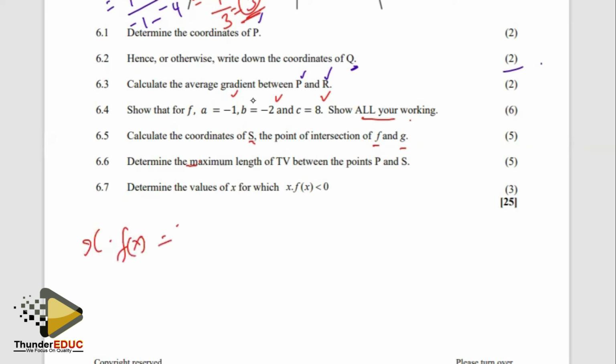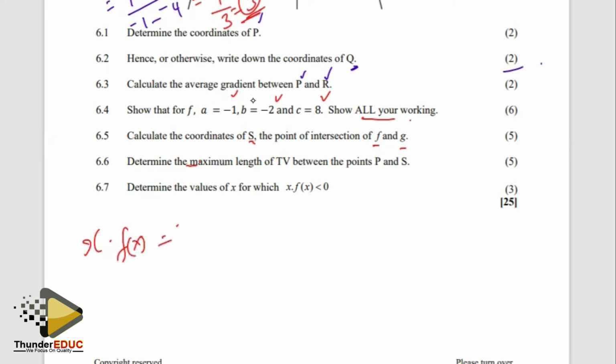Now, if we have x positive, which means f must be negative for us to have this condition. Or we can look at x on the negative side, but then we look at f of x being above the x-axis, on the positive side.